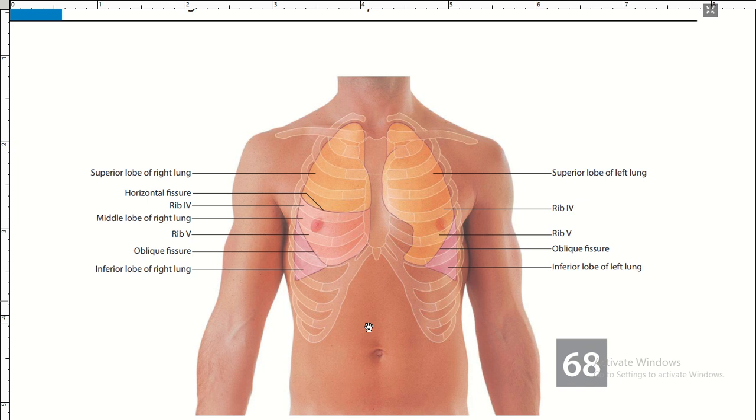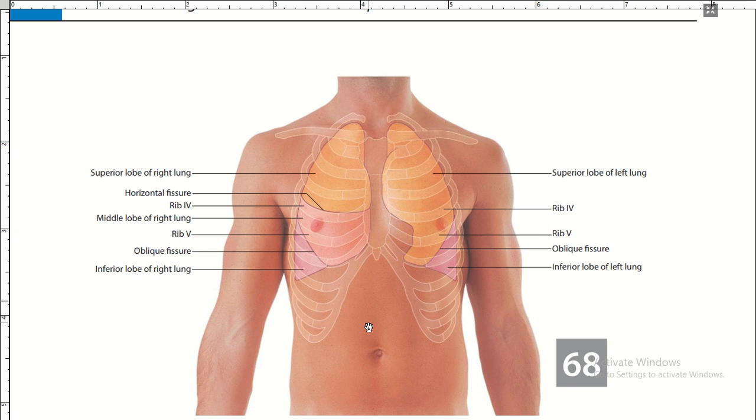You understand? So the muscles of expiration are the contraction of your abdominal muscles, with the help of the serratus posterior inferior. Take note of this as I close.